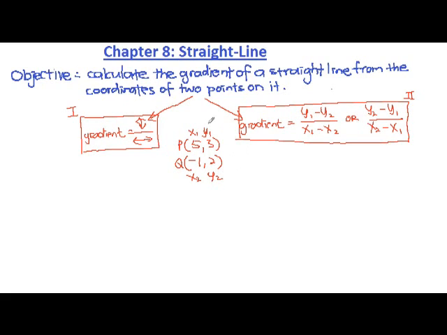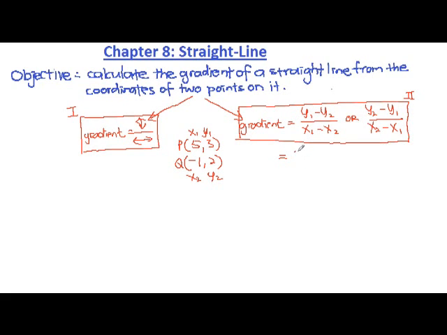I can reverse. But for this instance, I choose P to be my x1 and y1, and Q to be my x2 and y2. So let's plug in the values into this equation.